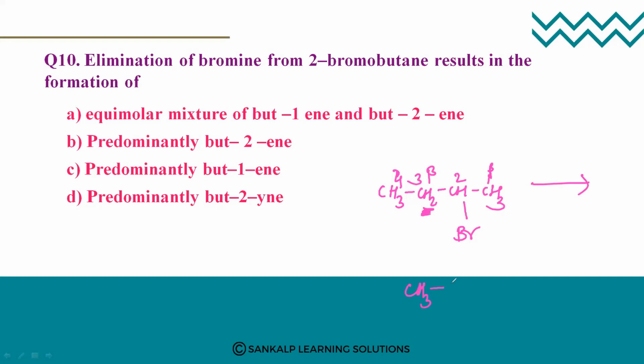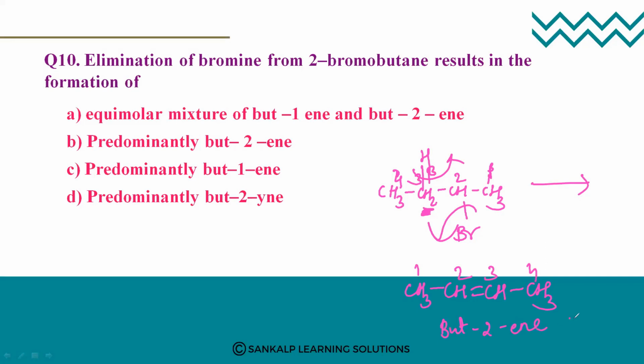It will be CH3, CH, double bond, CH, CH3. It undergoes beta elimination, that is, a hydrogen and the bromine atom are removed. That is a dehydrohalogenation reaction. What is the name of this? 1, 2, 3, 4, it is but-2-ene.